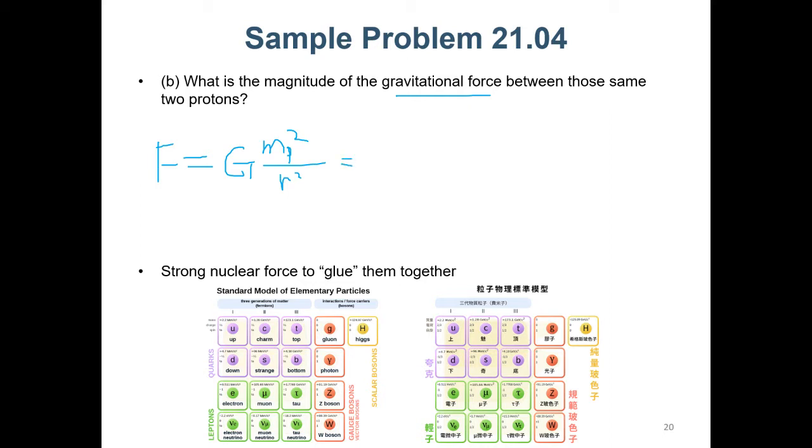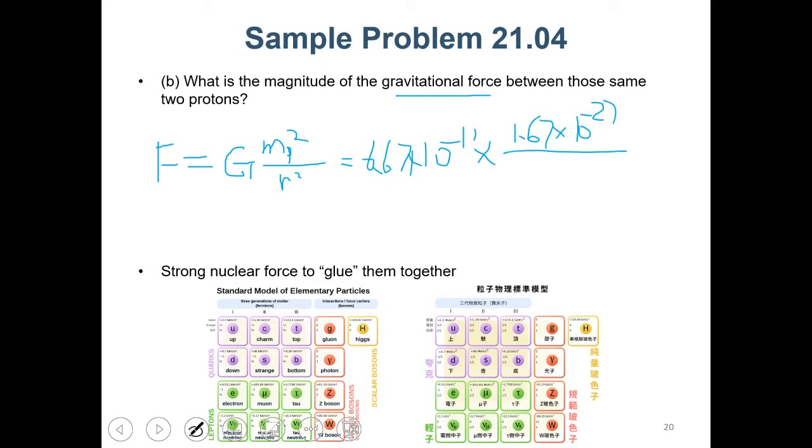The big G, capital G, is 6.67 times 10 to the minus 11, and then m_p is 1.67 times 10 to the minus 27 kilograms, squared, and then over the same amount, 4 times 10 to the minus 15, squared.